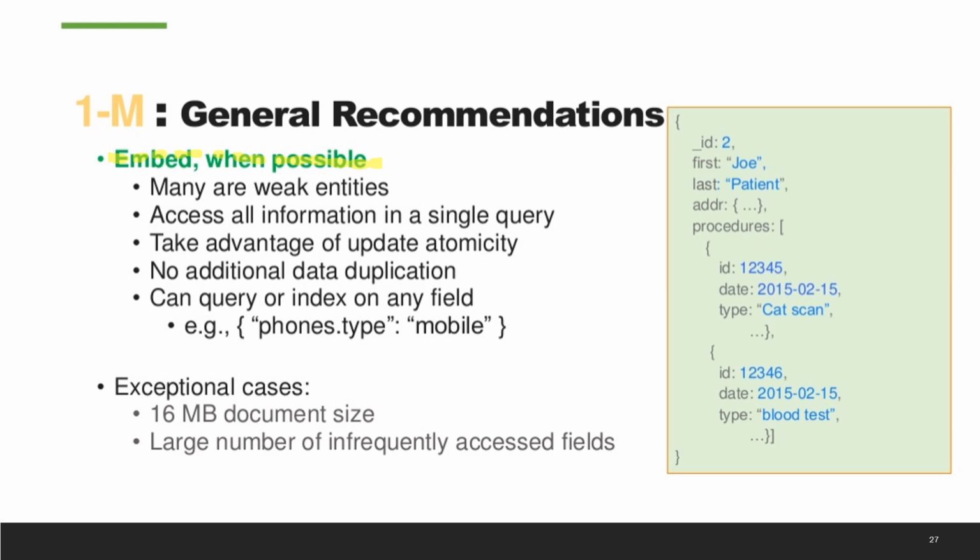The pros for embedding, okay, because in many cases it is a one-to-many relationship, right? And on the many side, most of those documents or data we are embedding within the document are mostly weak entities. So we don't need to separate them into different collections, different documents, okay? And this makes access to all information possible within one single query, and querying becomes simple.